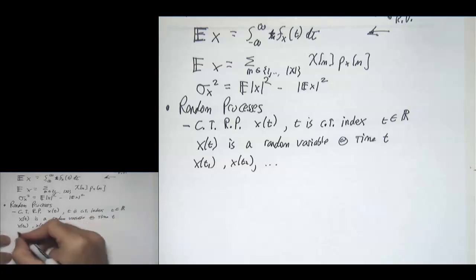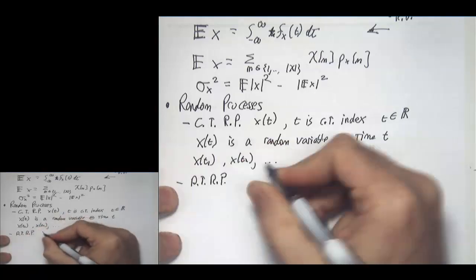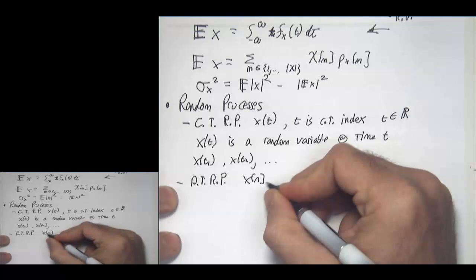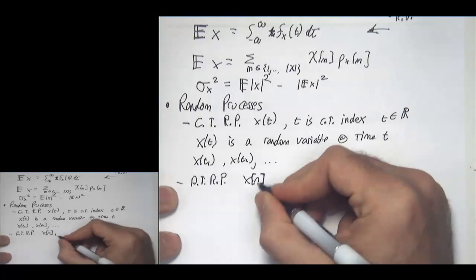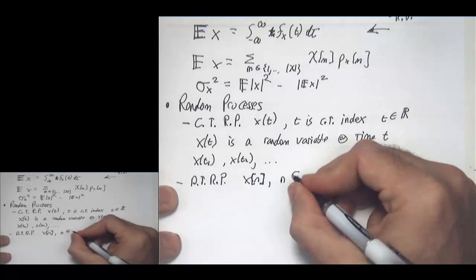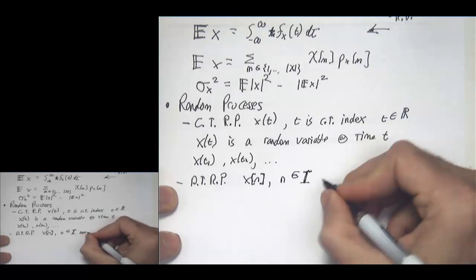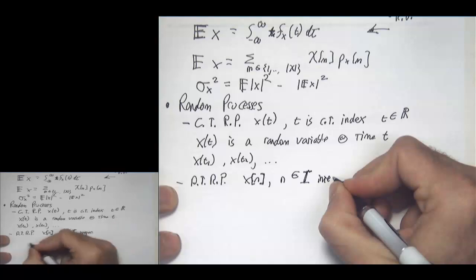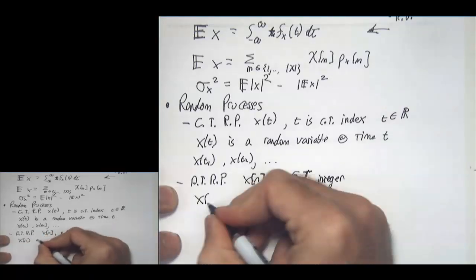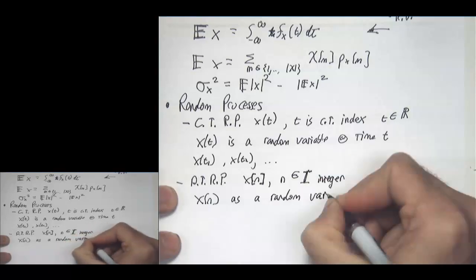For a discrete time random process, x of n is the notation that we use. I'm trying to use the square brackets here to denote integer argument instead of continuous time. n is an integer. And then we just treat x of n as a random variable.